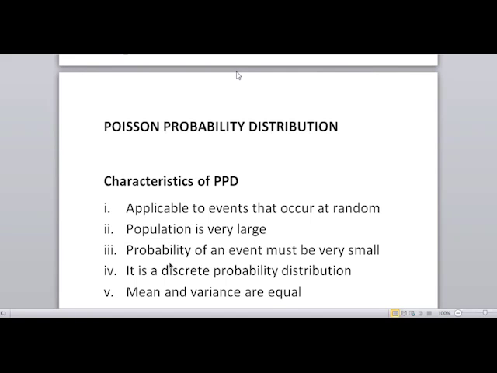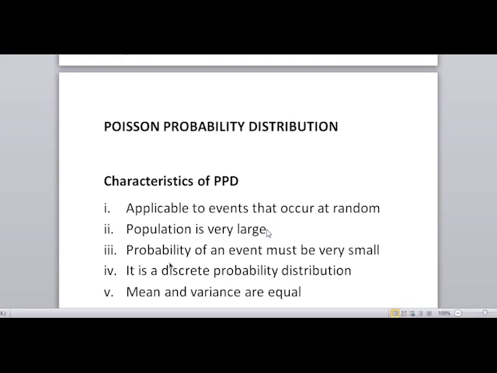The other day you have 2, the other day you have 100, and so on. So these people go to this hospital randomly. There are many other events that occur at random.